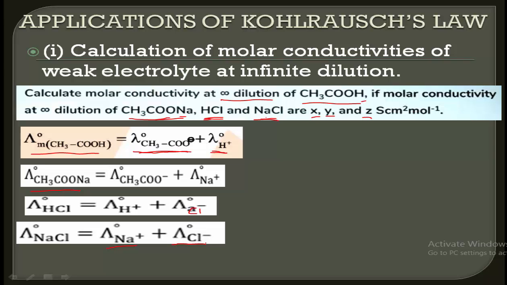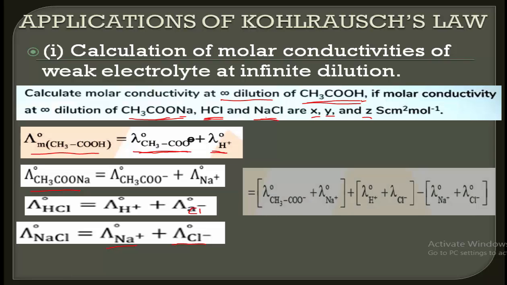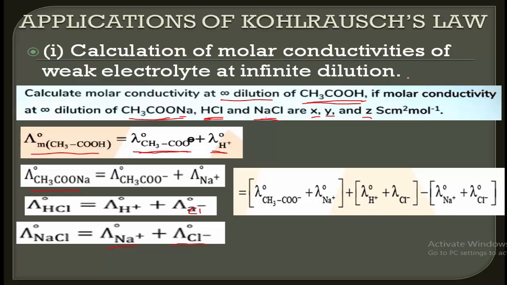Now what we want is the CH3COOH molar conductivity. For that, we will write this equation as lambda naught CH3COO minus plus lambda naught Na plus. That is given here.